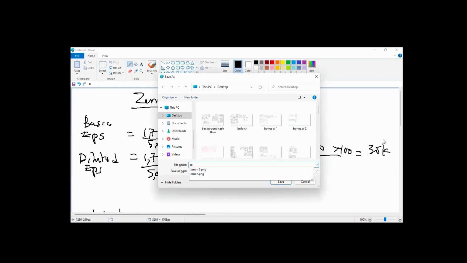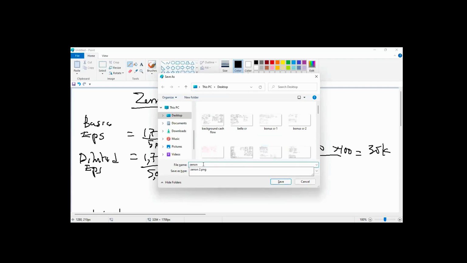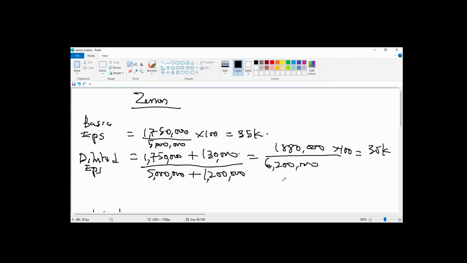For your assignment, I promise to be giving us solution after the assignment, so that we can cross-check.